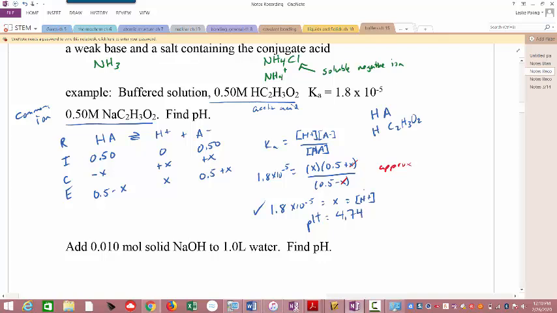Okay, now the whole thing about a buffer is, remember, a buffer resists pH change when you add acid or base. So our buffer should maintain a pH of very close to 4.74, but we've got to check that.